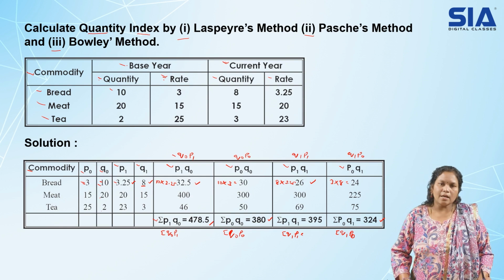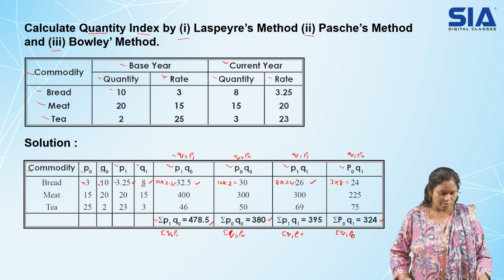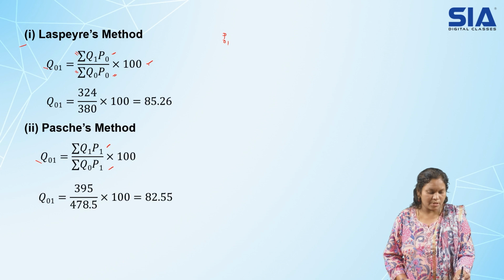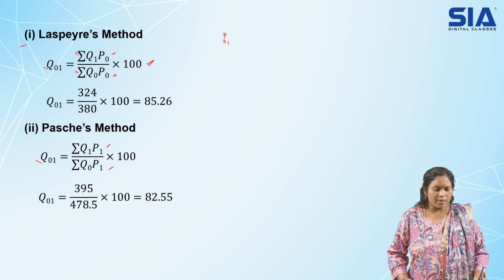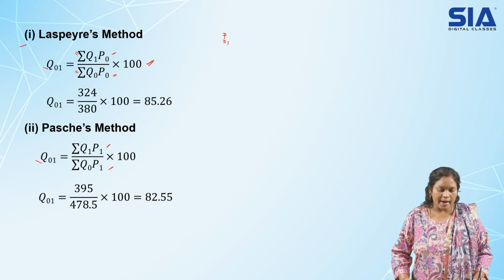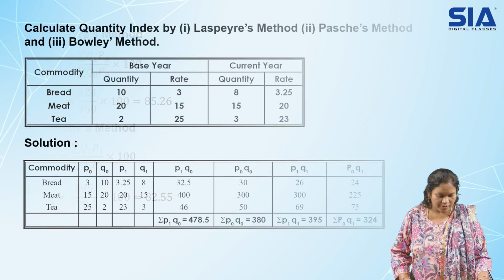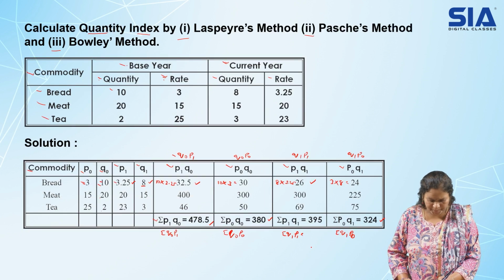Now let us go for step-by-step substitutions. So let us come back to the formula, that is the Laspeyres' method formula. So this is your formula. All the totals are there in our hand. Simply you have to substitute and you have to get the answers. So the first total I have to get is the Q1 P0 value. Let us check where we have the Q1 P0 value.